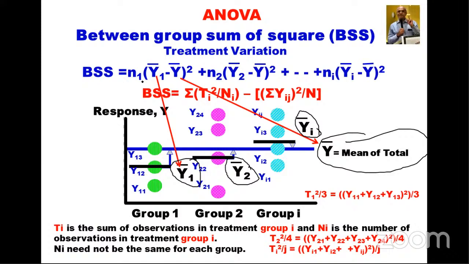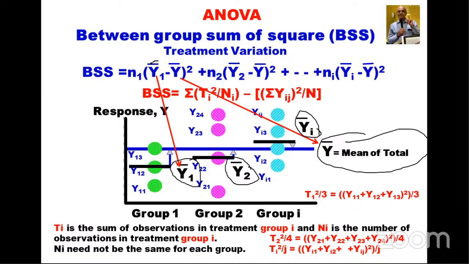So BSS is equal to N1, the number of observations in the first group, into the mean of the first group minus the total mean, whole square.